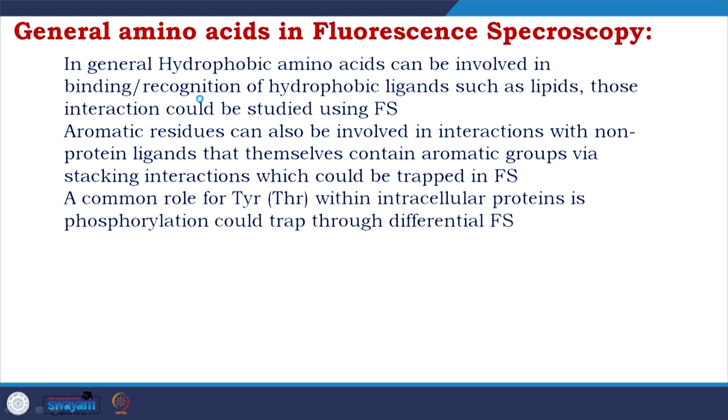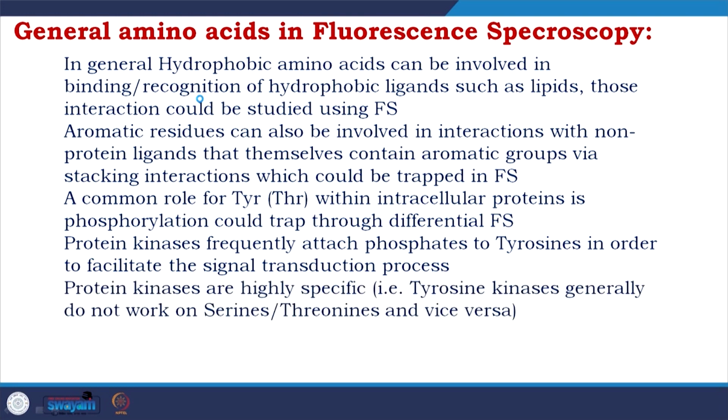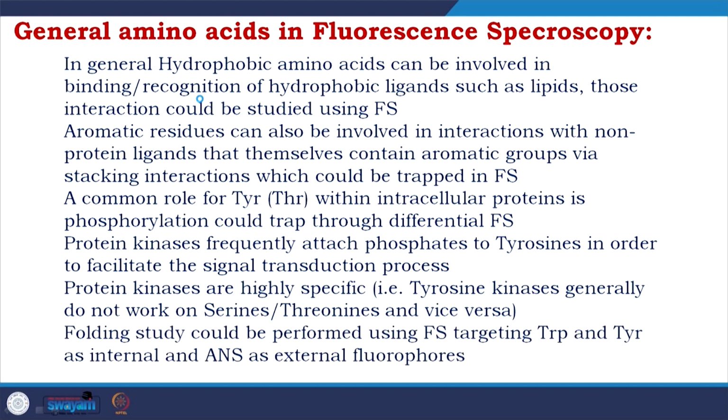A common role of tyrosine within intracellular protein is phosphorylation that could be trapped through differential fluorescence spectra. Protein kinases frequently attach phosphates to tyrosines in order to facilitate the signal transduction process. Protein kinases are highly specific. Tyrosine kinases generally do not work on serine and threonine and vice versa. So, this could be trapped.